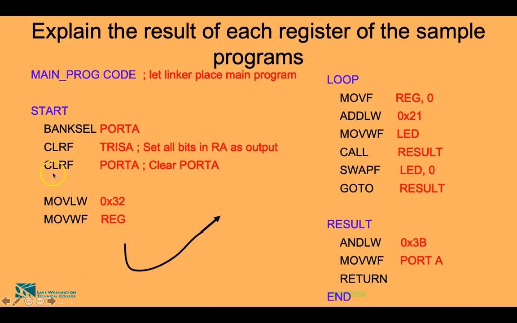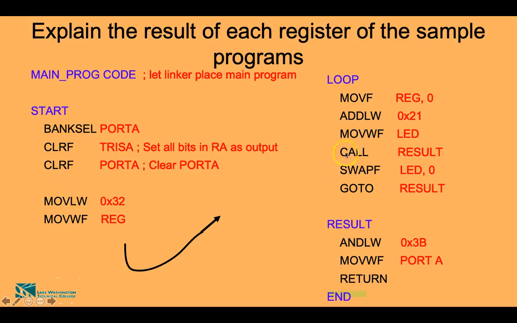I'll just explain the start code. In the start code, we have selected our bank, cell port A, and then we have clear F TRISA. If you clear TRISA, it is going to set port A as your output, and then clear F PORTA. So everything in port A is cleared.